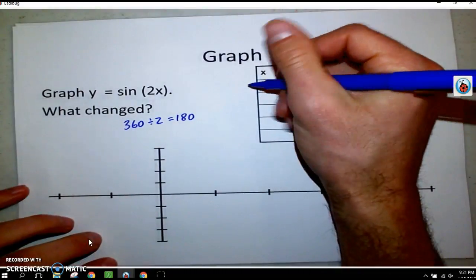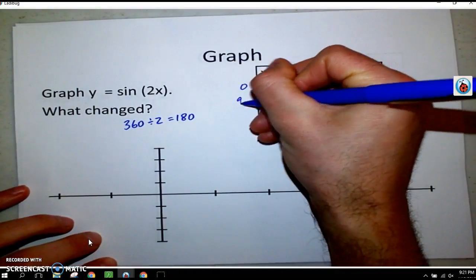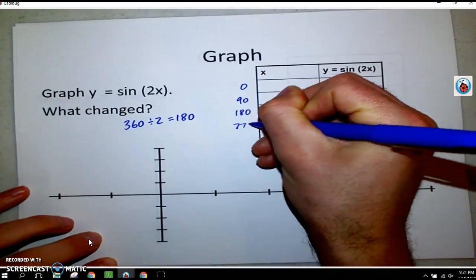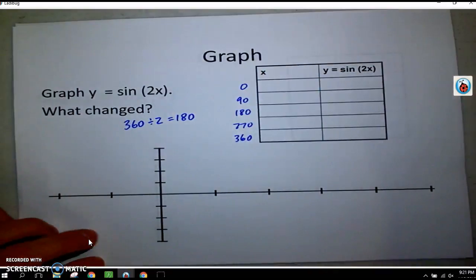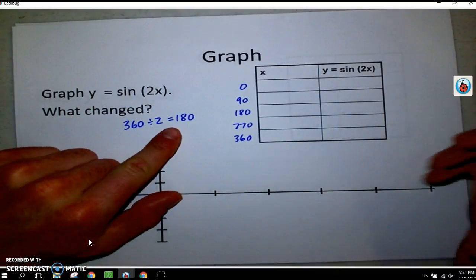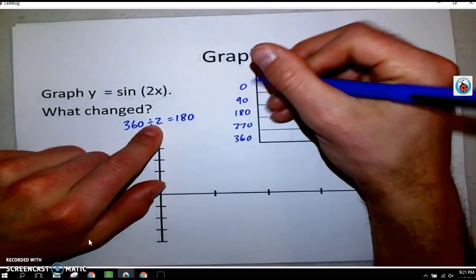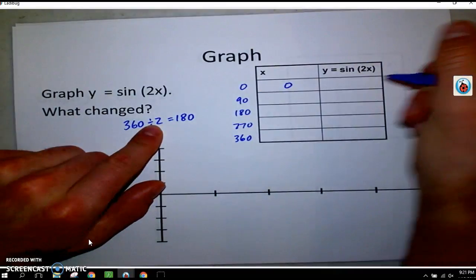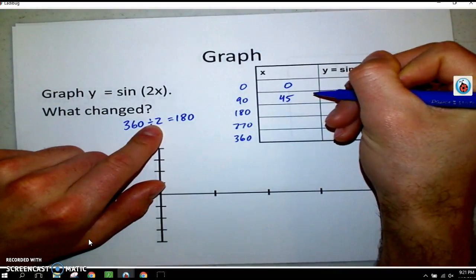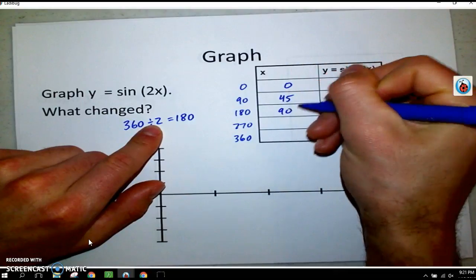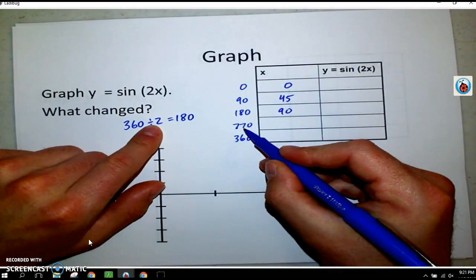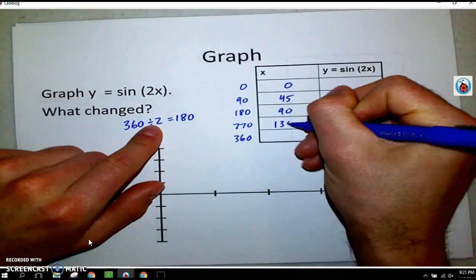Now, if I think of my original values, going from 0, 90, 180, 270, and 360, essentially I'm just going to divide all of those by 2. So 0 divided by 2 is still 0. 90 divided by 2 is going to be 45. 180 divided by 2, 90. 270 divided by 2 is 135.